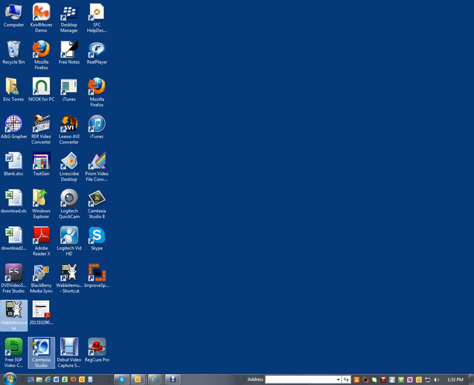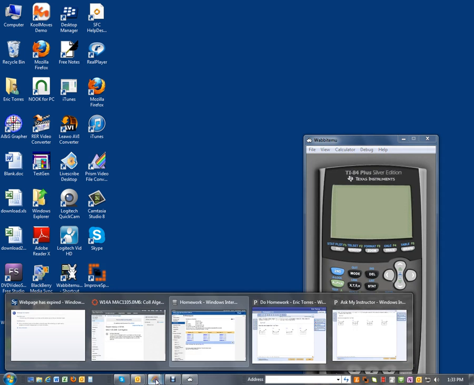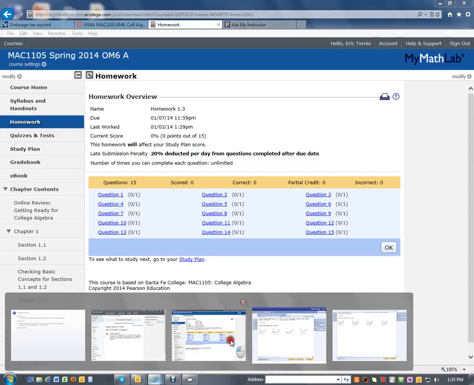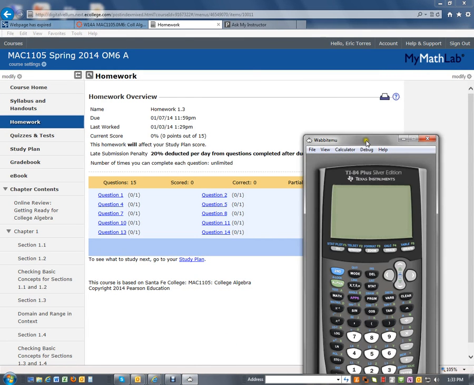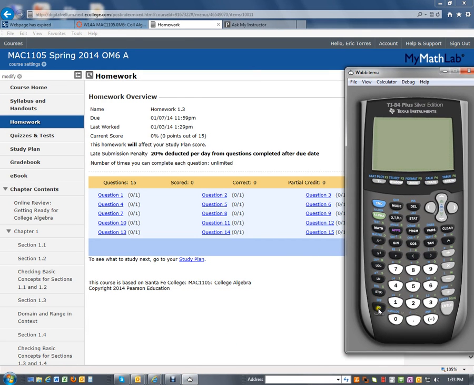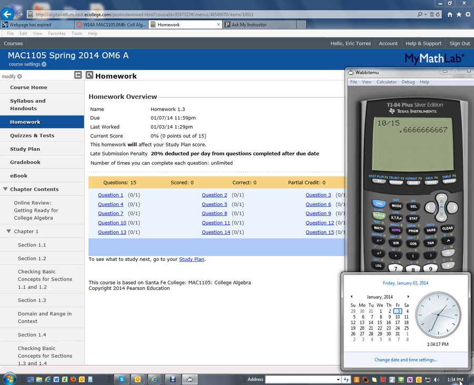Let's use our calculator. So if you were able to do 10 out of the 15 on day 1, 10 divided by 15 means you would have a 66 or 67% score. And let's say on the other 5 questions you clicked Ask My Instructor and you had that in by the 7th and I wasn't able to get back to you till the next business day. And let's take a look at what the next business day is.